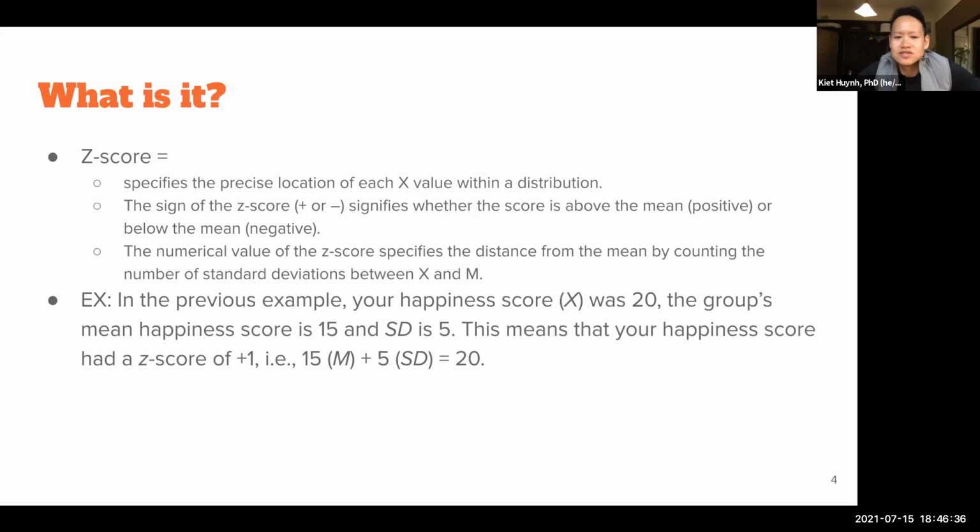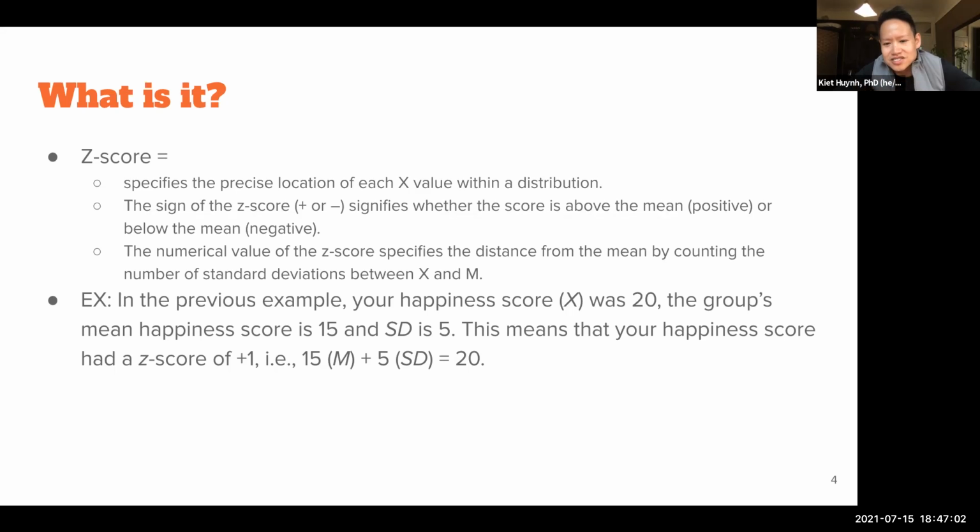At the mean, the z-score is 0, and we'll get to the above and below in just a minute, but just know z-scores could be negative or positive. The numerical value of a z-score specifies the distance from the mean based on the number of standard deviations. We'll discuss this in further detail in just a minute.